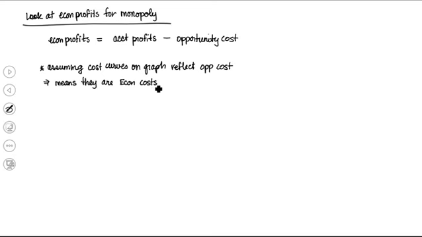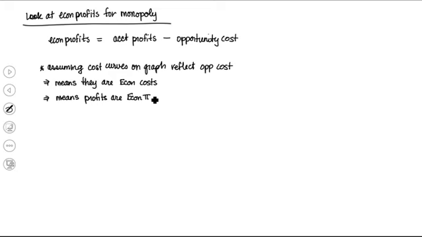So our graphs are giving us economic costs, which means profits will be economic profits. We'll talk about that a little more in just a minute. But we want to remember the idea of economic profits. We start with our accounting profits. We subtract off our next best alternative. So you've got to make sure you understand that, okay?